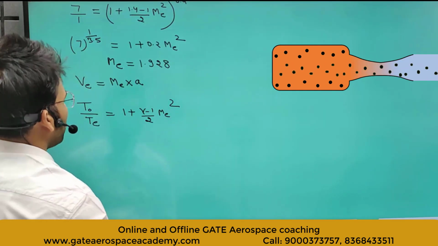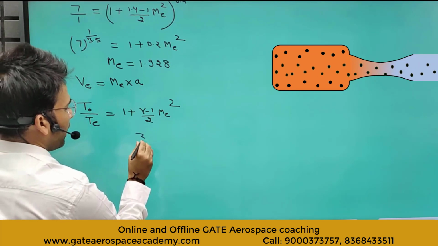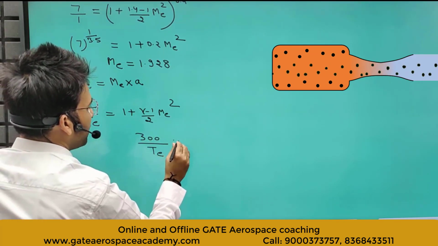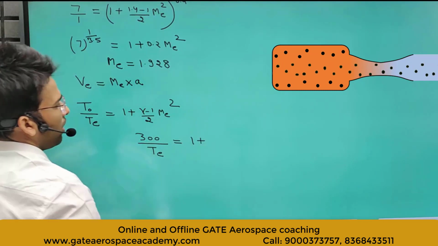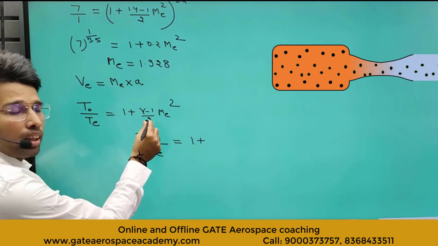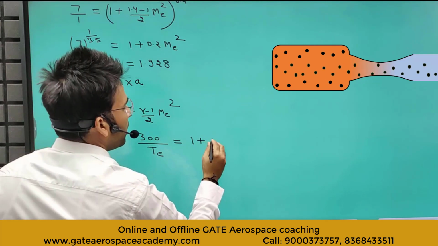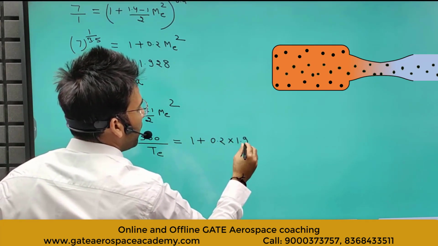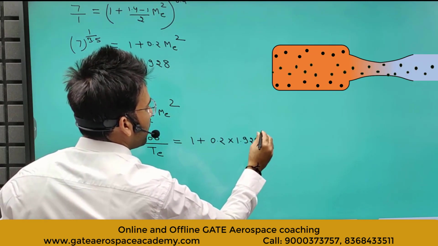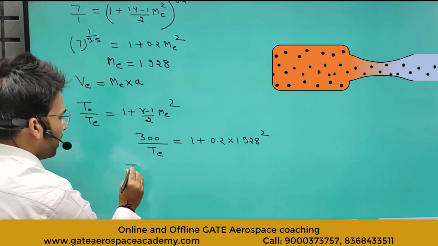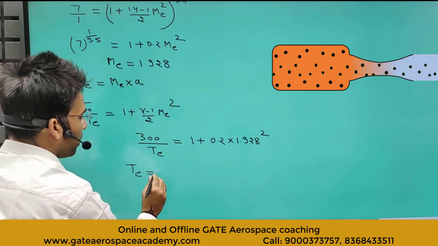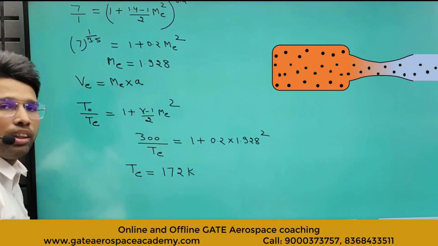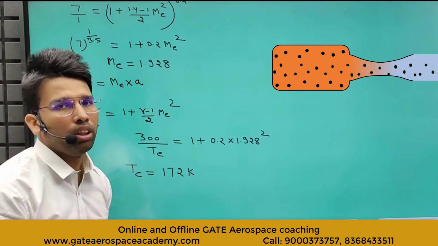So let's substitute: 300 divided by Te is equal to 1 plus 0.2 into 1.928 square. So from here we got exit temperature 172 Kelvin, right?